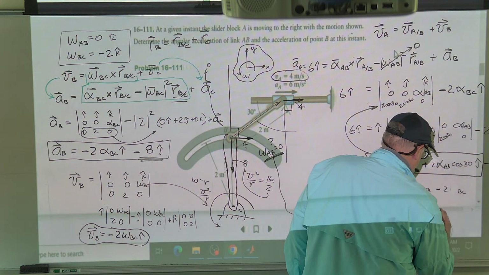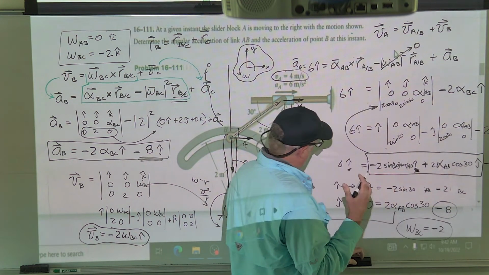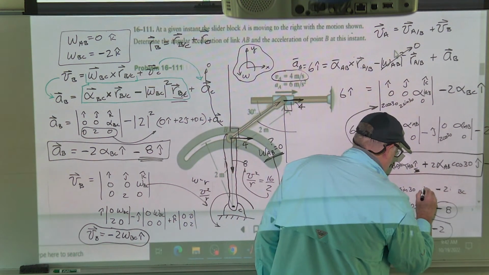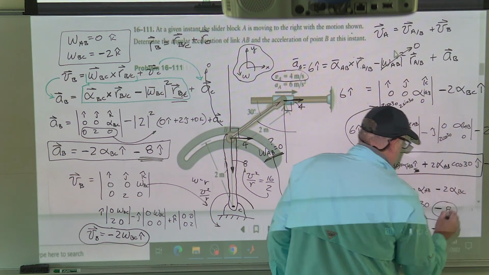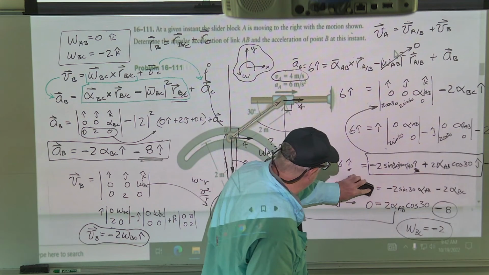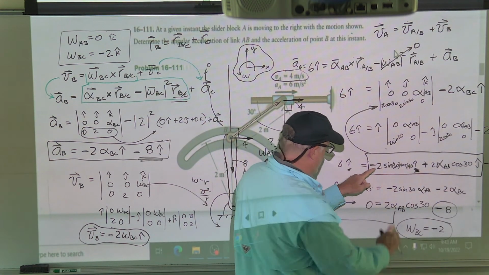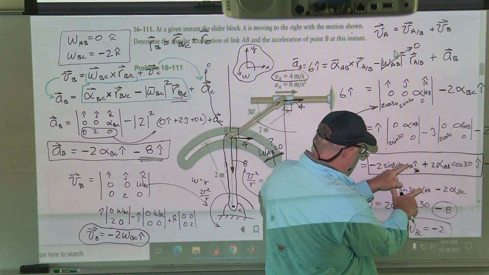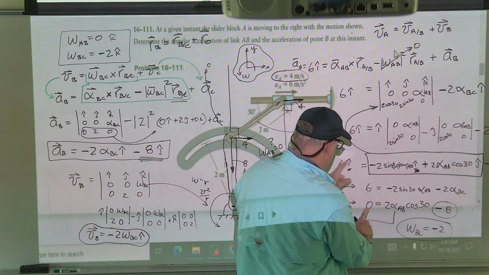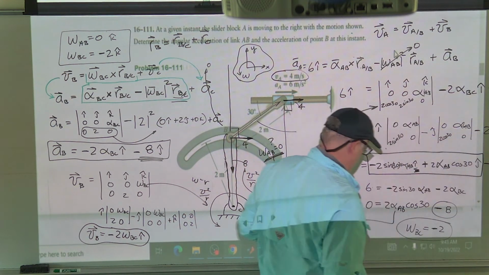This was the new term. That got added, whereas it wouldn't have gotten added had we been in the velocities. Now, I got a 6 here. So I got 6. Okay, I 2 sine alpha, and then minus 2 alpha. Then I got no j component. I got this j component, and I got that j component.